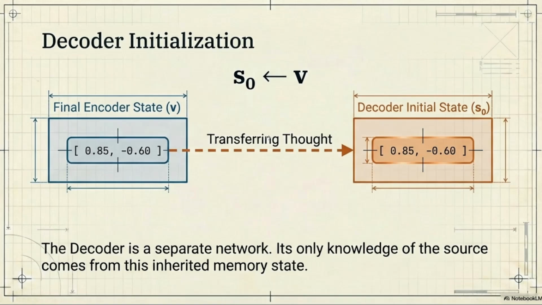So the decoder starts its life already thinking about the concept. We start with 0.85 and -0.6, not like in the encoder where we start with the 0 vector. If this vector is bad, the translation would be bad, obviously, and that's what we expect in the first iteration before doing the backpropagation and all of the training loop.